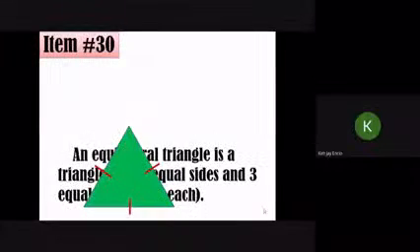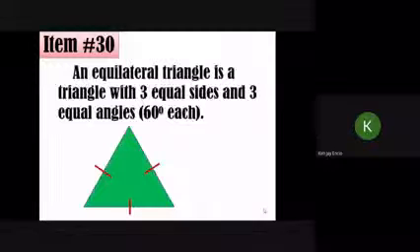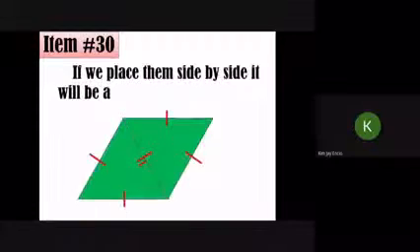An equilateral triangle is a triangle with 3 equal sides and 3 equal angles, which is 60 degrees each. Each interior angle, this is 60 degrees, 60 degrees, and this is also 60 degrees. And when we speak about congruent triangles, they are of equal size and shape. If you place them side by side like this, it will look something like this.